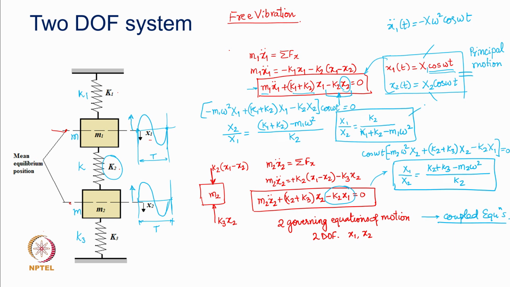What does this mean? If one ratio is equal to this and the same ratio is equal to this, these two ratios can be equated. So now the job is further simplifying this, and by using equation 1 and equation 2, that would give you what? K2 square equal to K1 plus K2 minus M1 omega square multiplied by K2 plus K3 minus M2 omega square, all right.